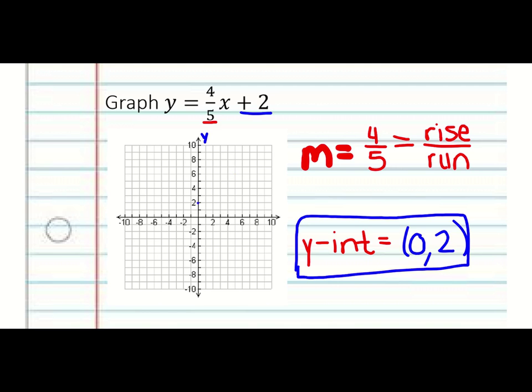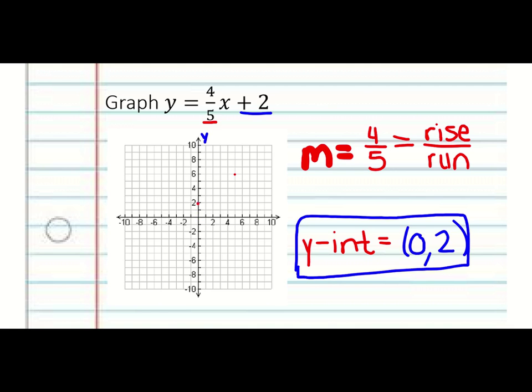Now, I also like to have a point that's to the left of my y-intercept. So I like to graph 3 points and connect them to make a line. We just counted to get a point to the right. To get a point to the left, I need to count the same numbers but go the opposite direction. We just went up and right, so this time I'm going to go down and left.